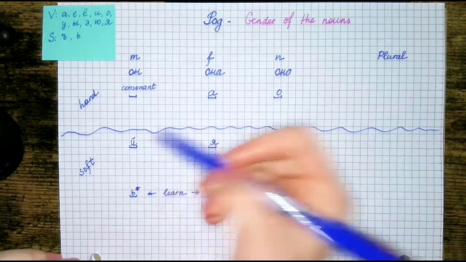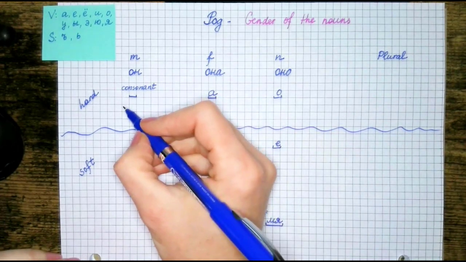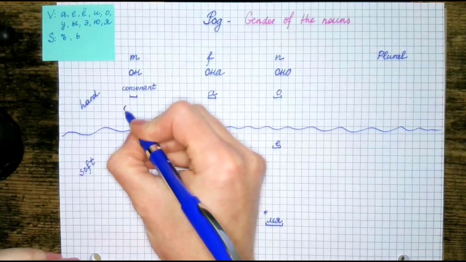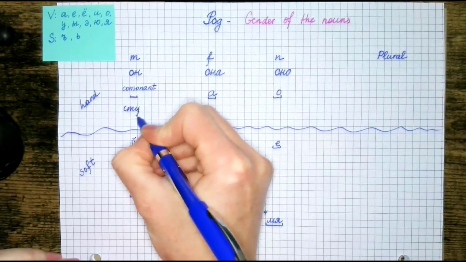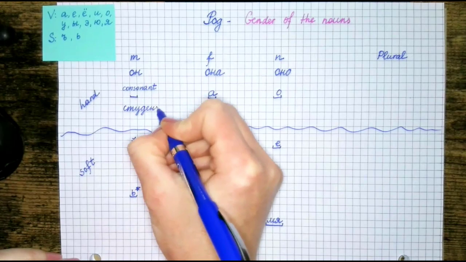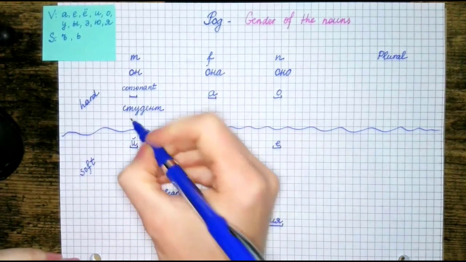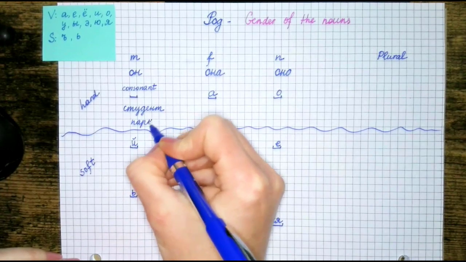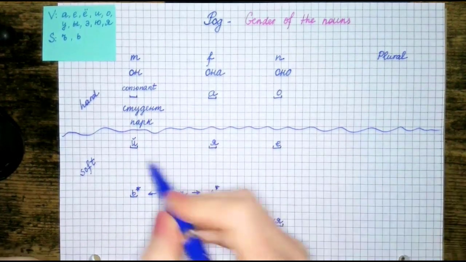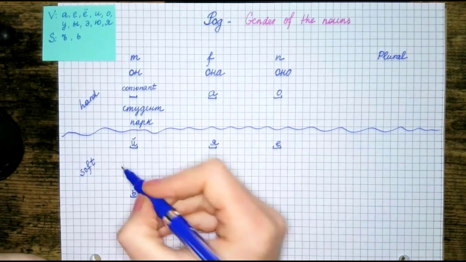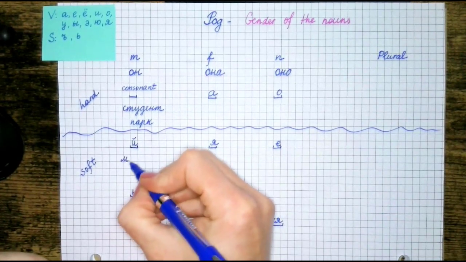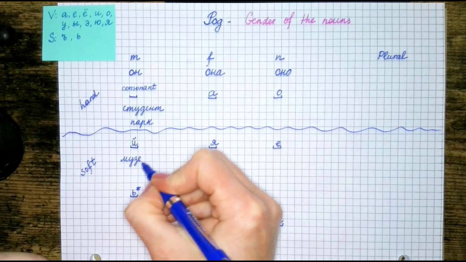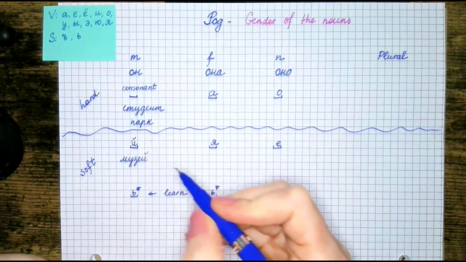And now let's take a look at some examples. So consonant other than и краткая, I'll write the word student, which means a student. And I will also write the word park, which means a park. For и краткая, I'll write the word музей, which means a museum.